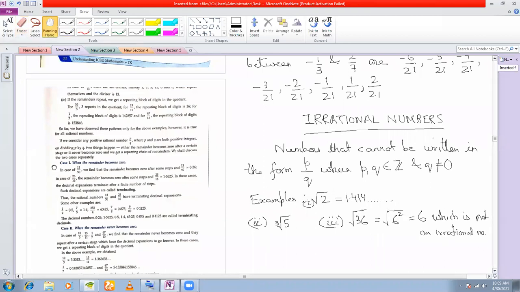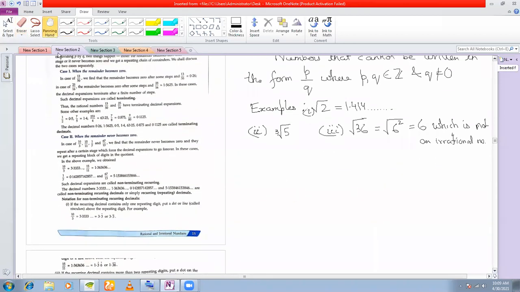Clear? Perfect squares cannot be called irrational numbers. Let's say square root of (2 by 3) square. This is not an irrational number because under the square root you have the square of a rational number.